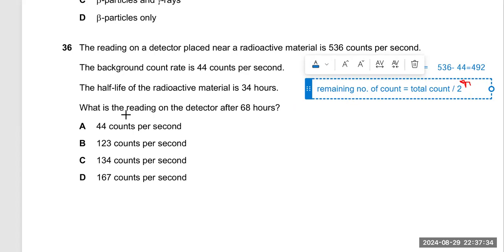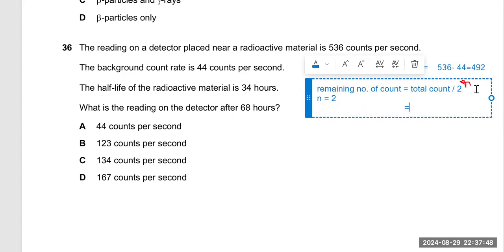The question is that you have to find the reading after the second half life, so you have to put the value of n equal to 2. Then total count, you have total count 492, 492 divided by 2 to the power of n, and you have to place the value of n equal to 2 here.